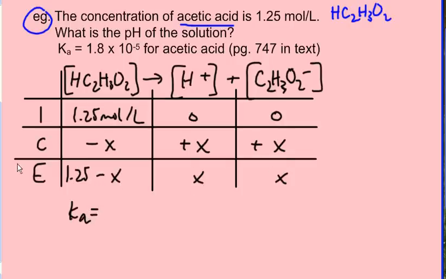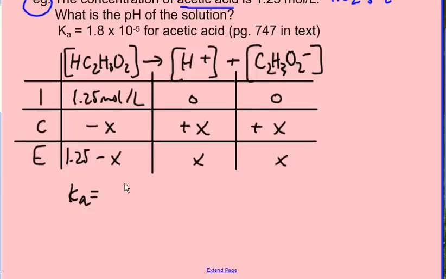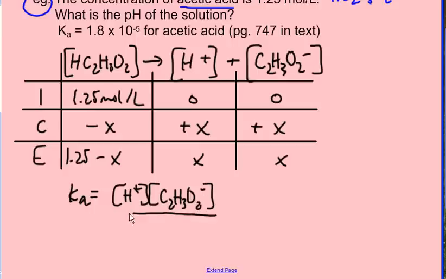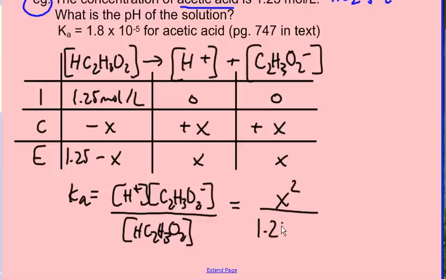We need our Ka expression to help us solve for x. So Ka is the concentration of the hydrogen ion times the concentration of acetate divided by the concentration of acetic acid. So that will be x squared divided by 1.25 minus x.